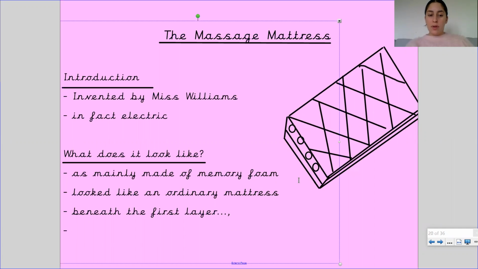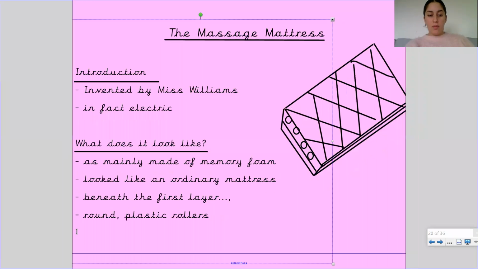Well, I know that beneath the first layer, I can find some plastic round massage cushions, rollers, sorry. So I'm going to use an expanded noun phrase. Round plastic rollers.